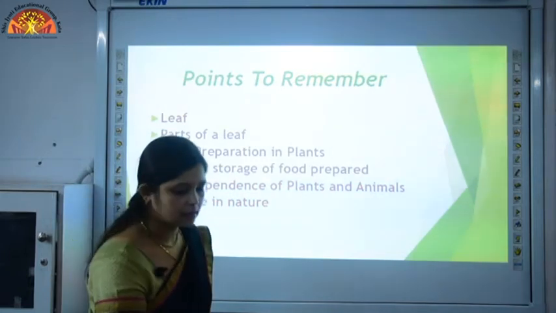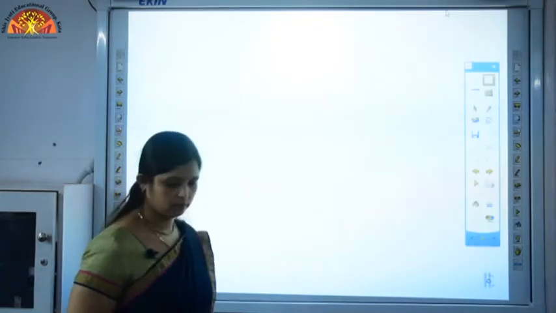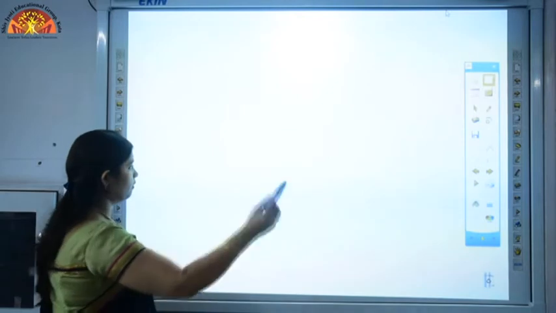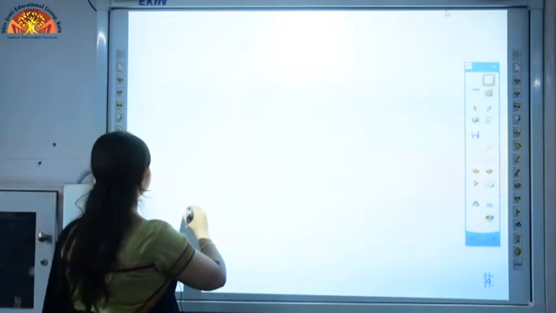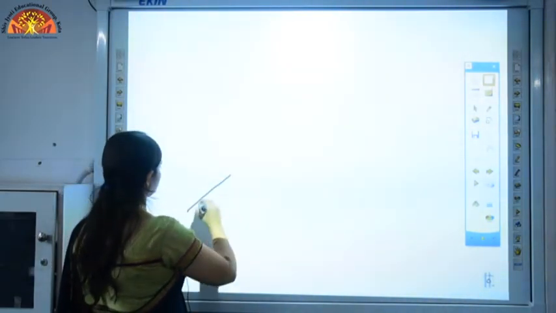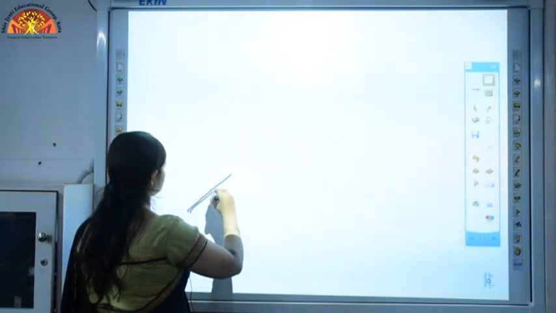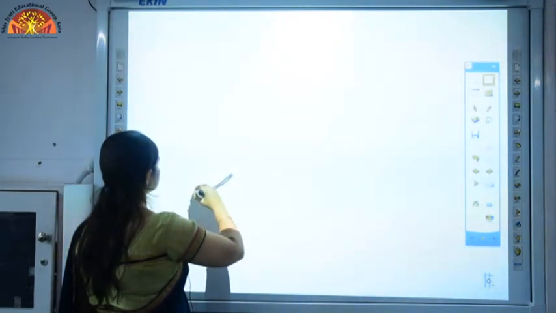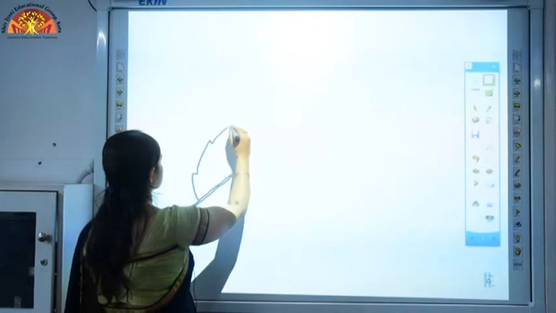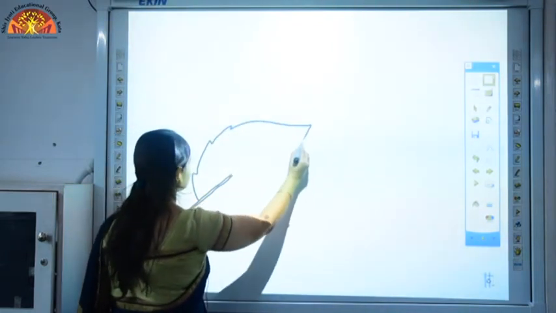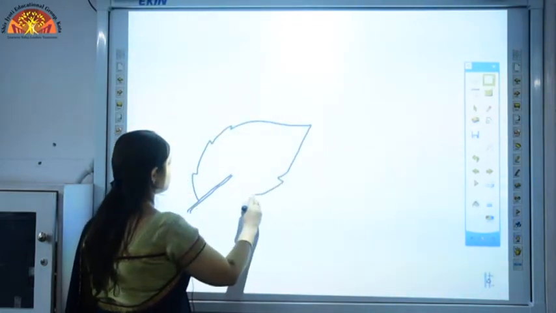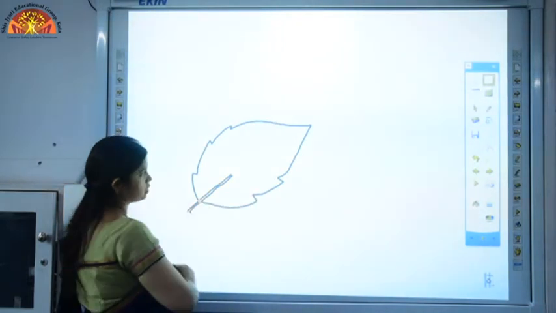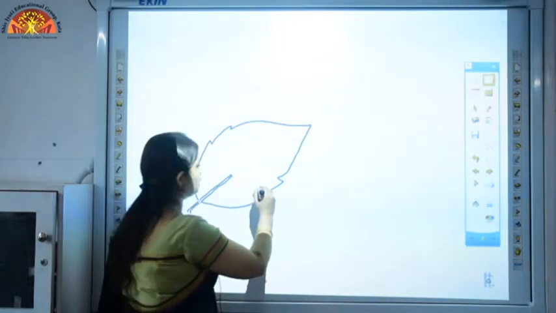So now we will discuss the structure of a leaf. Students, have a look at the diagram shown here. Now see, this is the structure of a leaf.